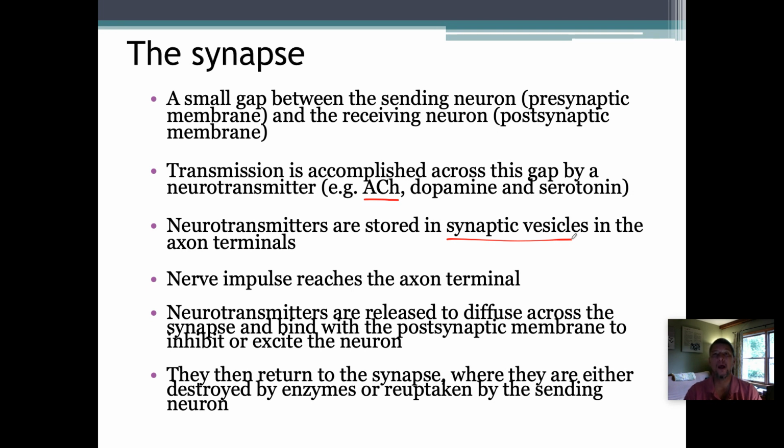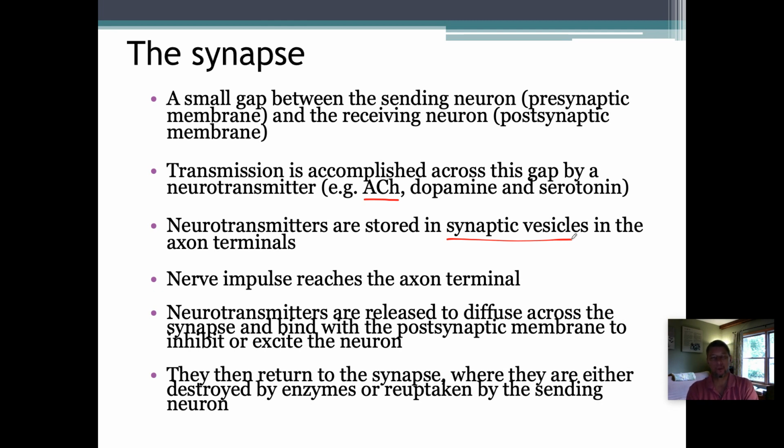Okay? Generally speaking, the neurotransmitters then return to the original synapse, to the gap, where they're either destroyed by enzymes, digested essentially, or taken back up by the sending neurons. So they can be recycled and used over and over again.